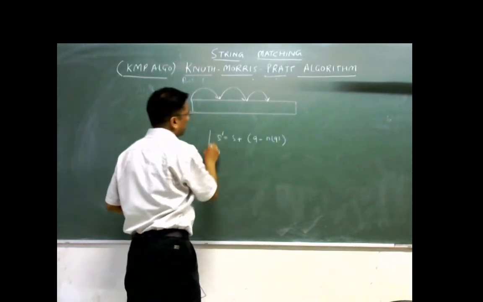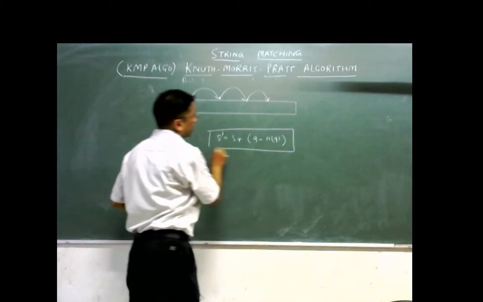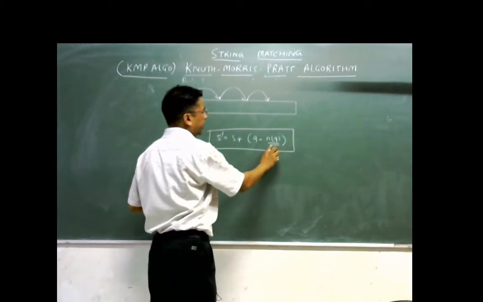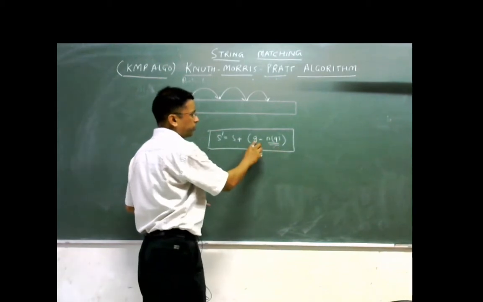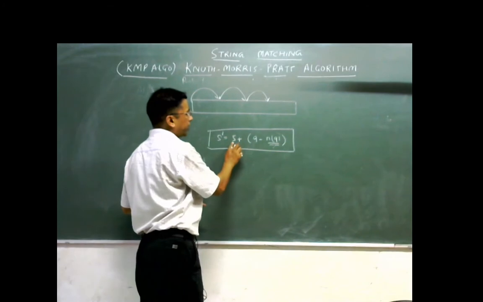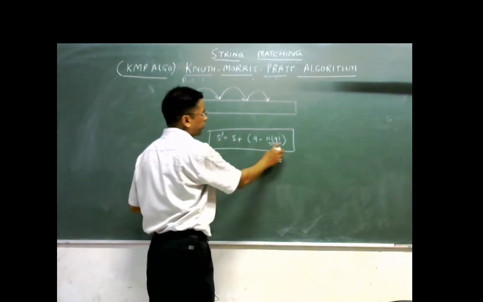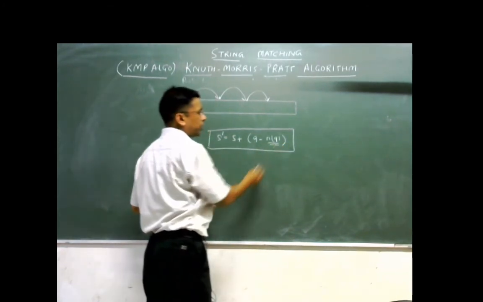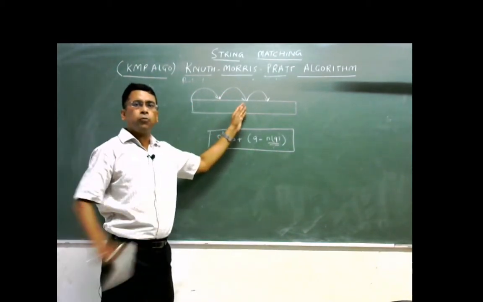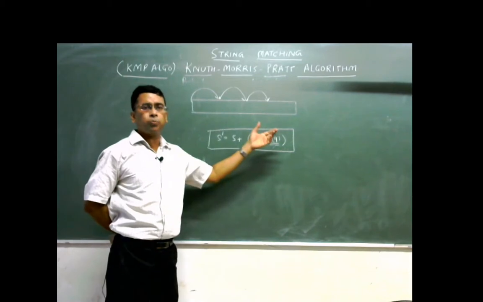Here, this pi q function that we have just studied is computed, and q is the number of matched positions. If we are at shift s, then we compute q minus pi q at that position, and we jump that many positions when searching for the next possible match.